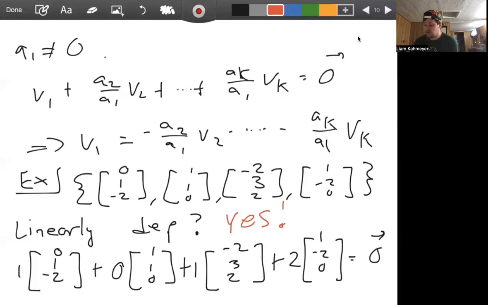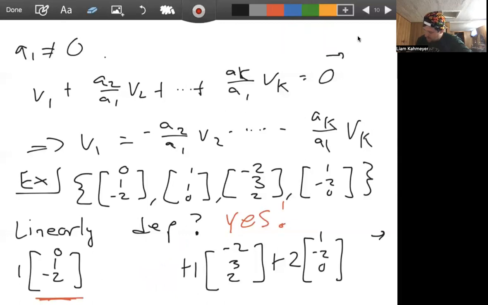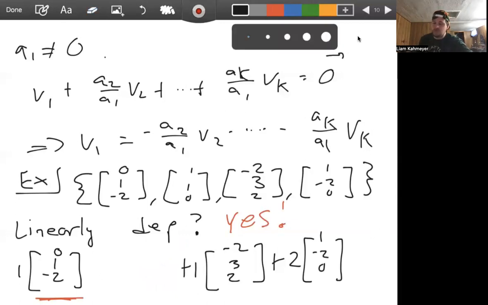Let's look at this example. Since we multiplied the second term by 0, we would think about that being eliminated. Then you could rewrite the vector (0, 1, -2) by moving the 2 remaining vectors on the right to the other side of the equation.